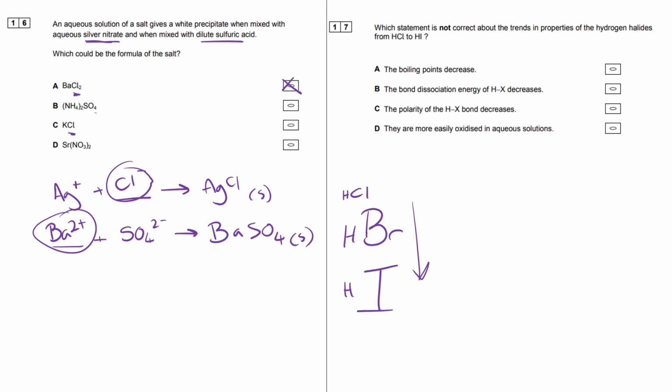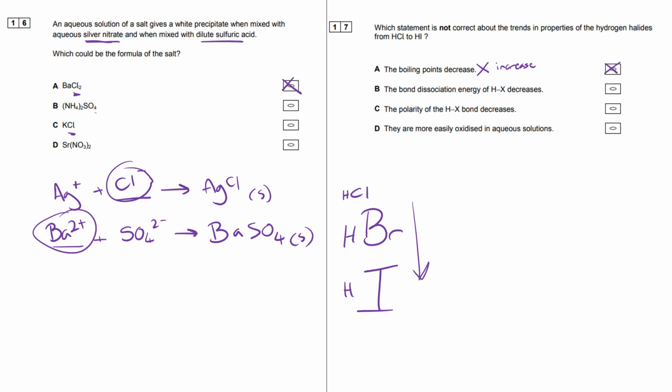So would the boiling points increase or decrease down the group? Well, they're all polar, they're all going to have dipole-dipole forces, but because the molecules are getting bigger, you're going to get stronger van der Waals forces between molecules, so statement A is incorrect. The boiling points would increase because you're going to have stronger van der Waals forces between molecules. So A is not correct.